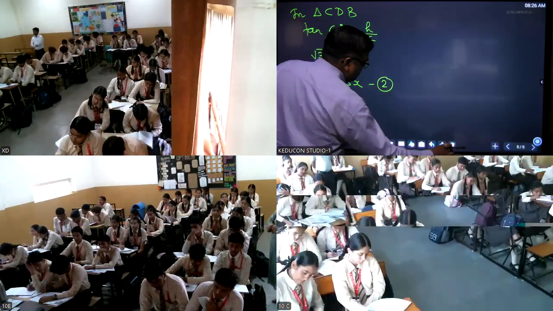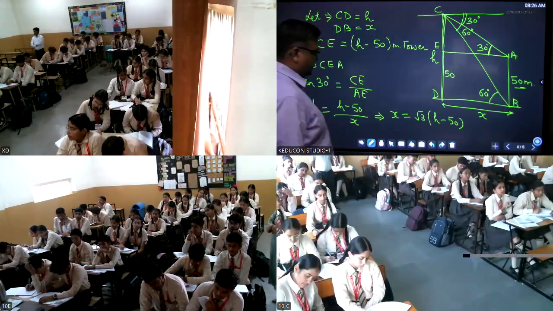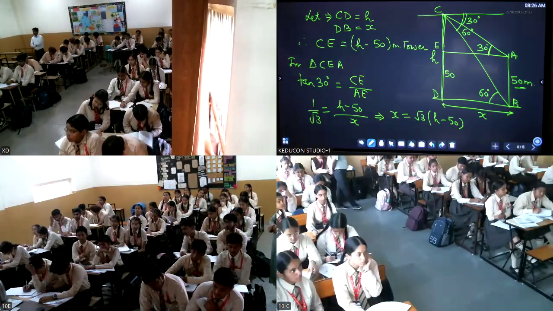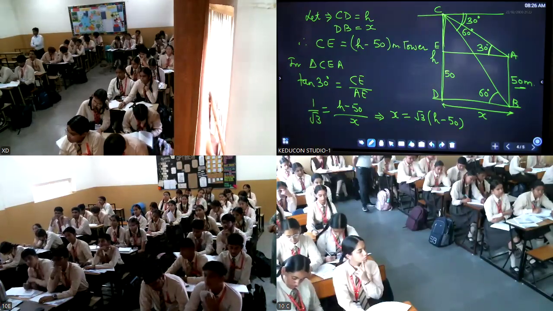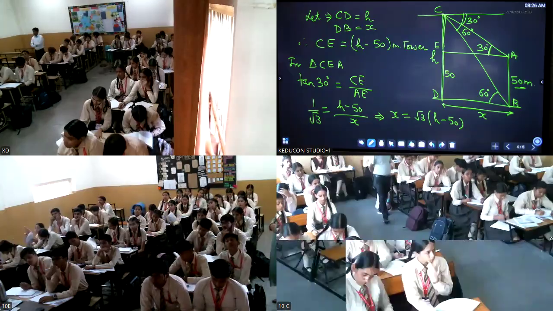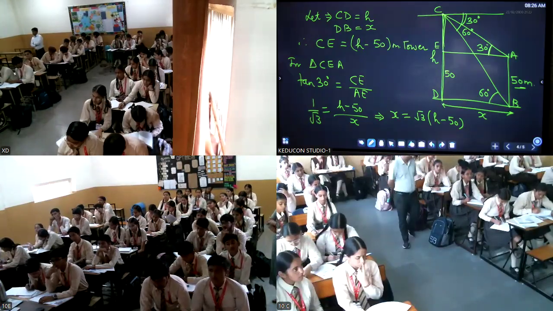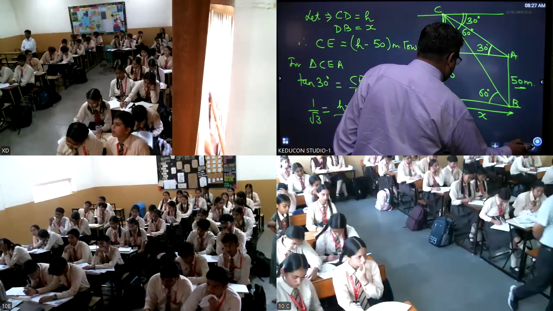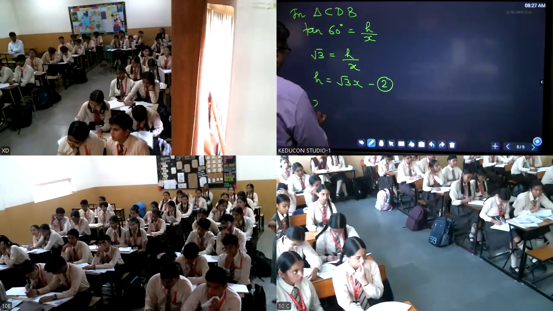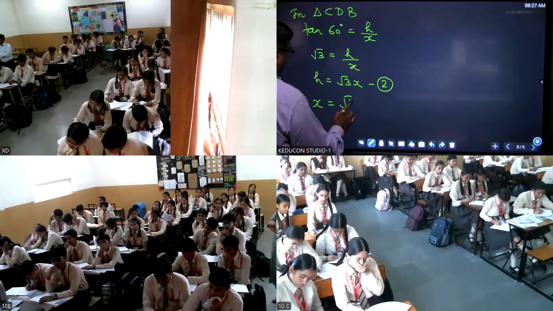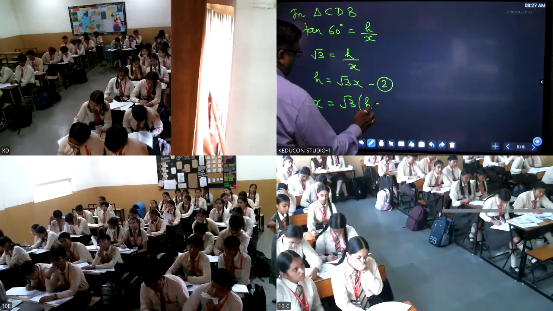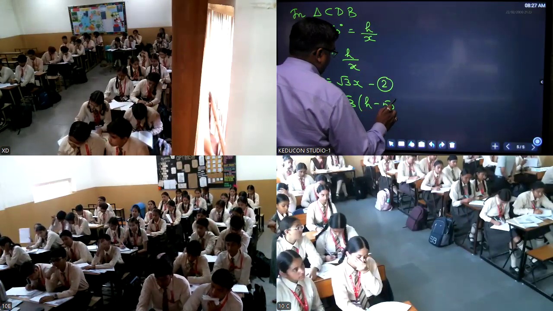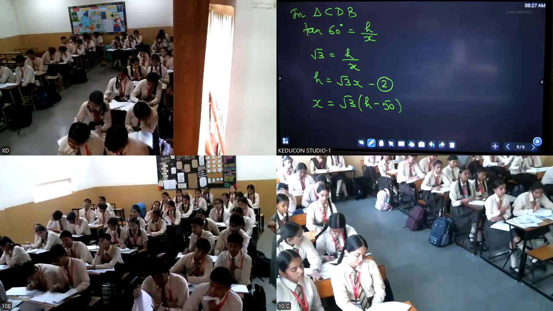From the first equation, we have got the value of x as root 3 into h minus 50, right? So what we can do, either we can put the value of x or the value of h. Is this clear, bachcho?